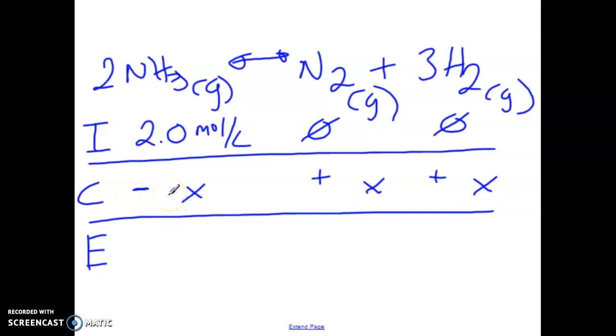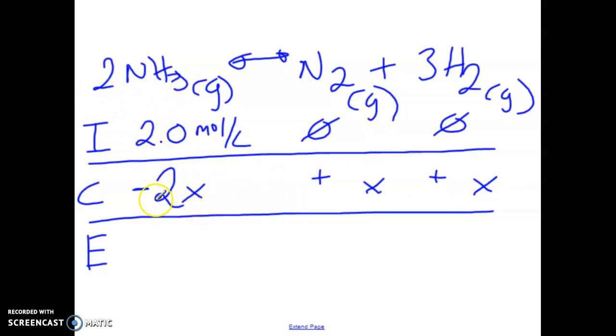But the amount that these will increase and decrease by has to do with the mole ratios. Since they have different coefficients, they're not going to be changing at exactly the same amounts for each one because, for example, nitrogen and hydrogen, you're going to have 3 times the amount of hydrogen than you will nitrogen, right? Going back to mole ratios. So when you're doing your change row, you have to consider the coefficient of that substance.